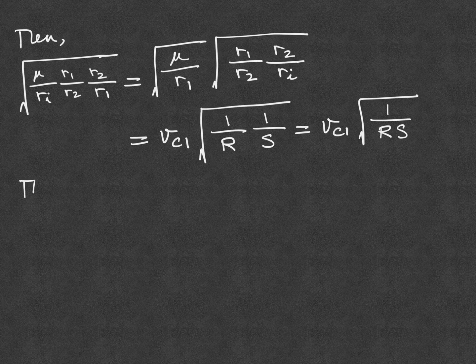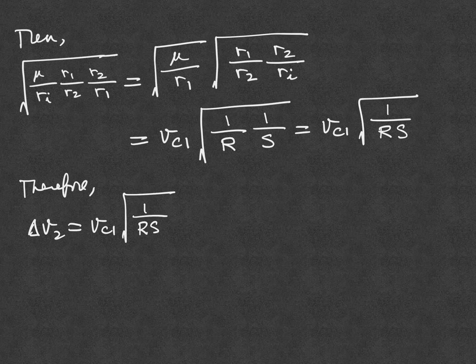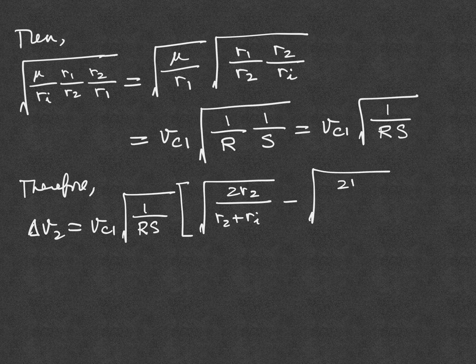Therefore, delta V2 is equal to VC1 times the square root of 1 over RS times the square root of 2R2 over R2 plus Ri, minus the square root of 2R1 all divided by R1 plus Ri. So now let's work on the terms inside the square brackets.